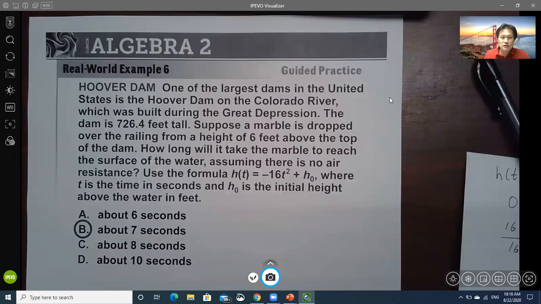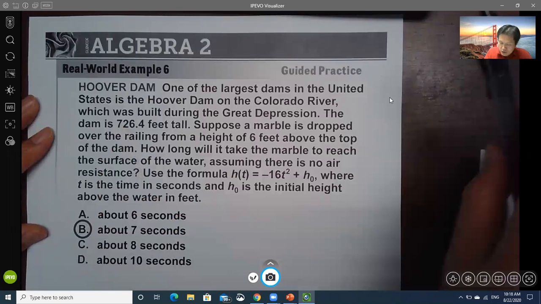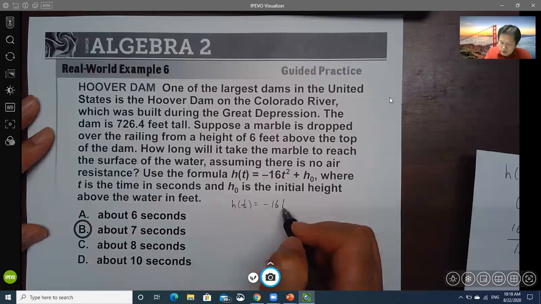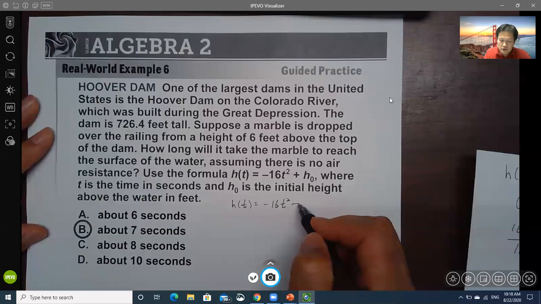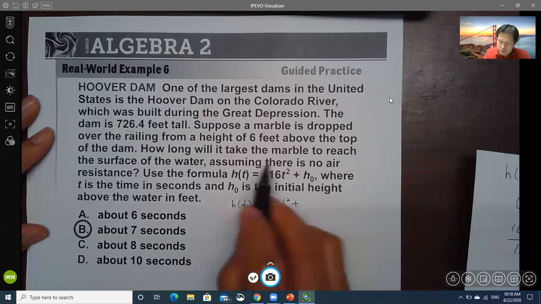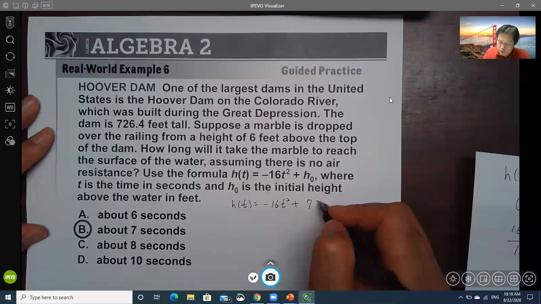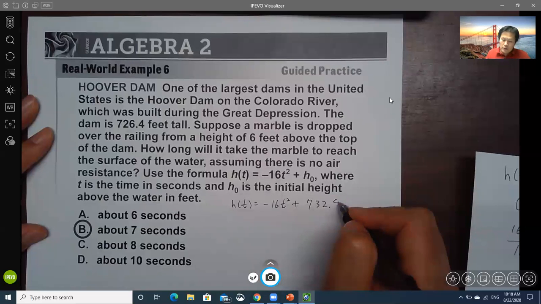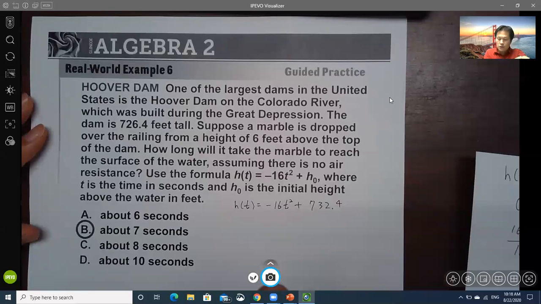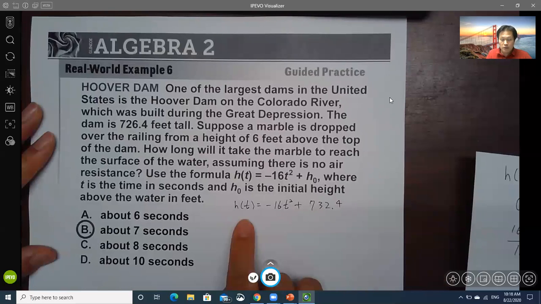Yeah, this is exactly the same style. The dam is 726.4 feet, and the marble is dropped from 6 feet above the top of the dam. Exactly the same. So h of t equal to minus 16t squared plus h sub 0, which is 6 plus this, that's 732.4. When the marble hits the surface of the water, the height of the marble will be 0.